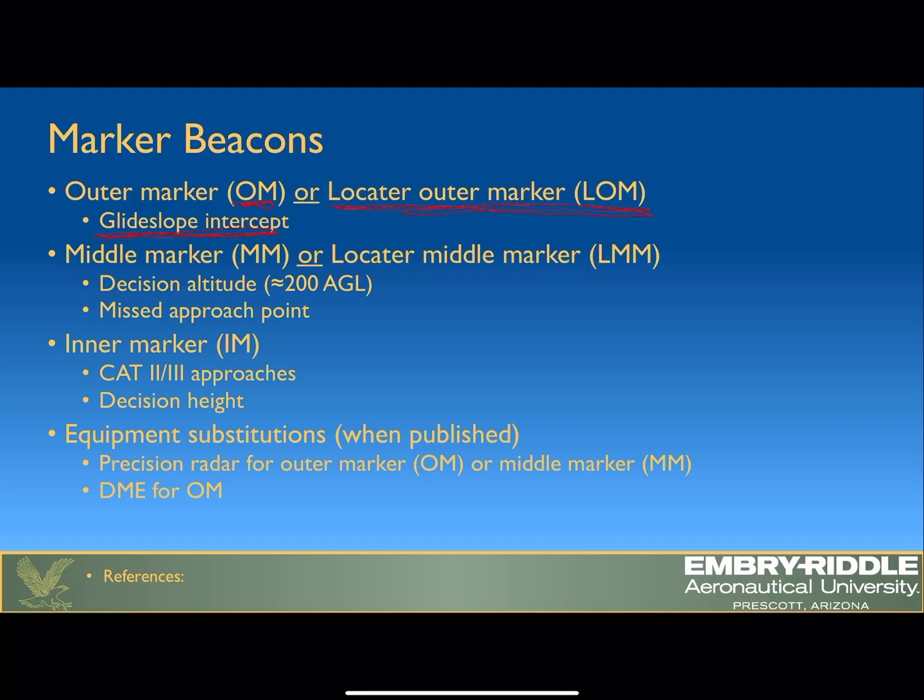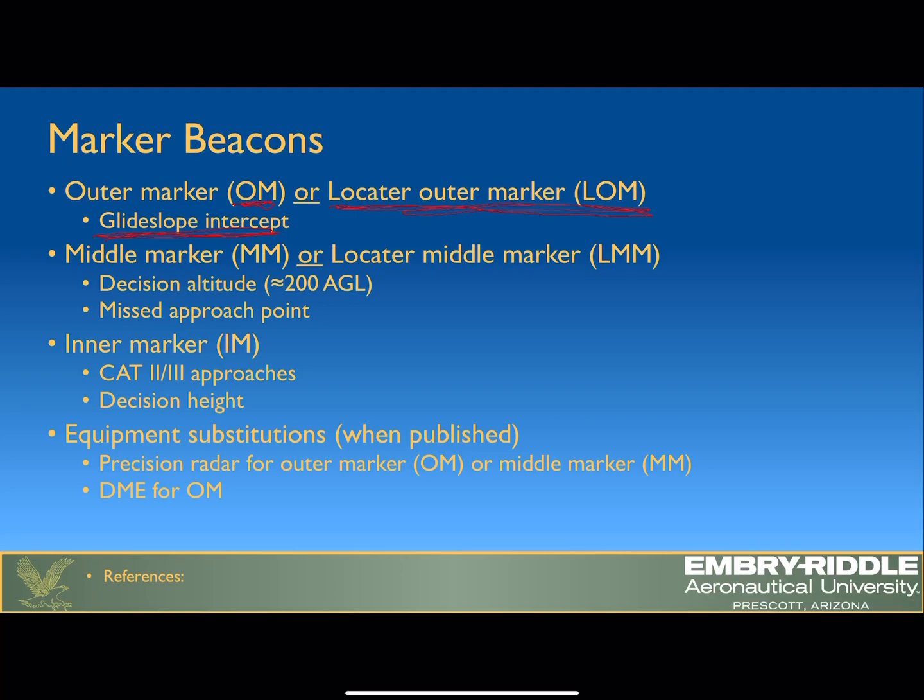So eventually there is a checkpoint at which we should start to see our glide slope come alive. So that's why we have the outer marker. It's indicating this is where glide slope should be intercepted and where you are now responsible for flying glide slope.